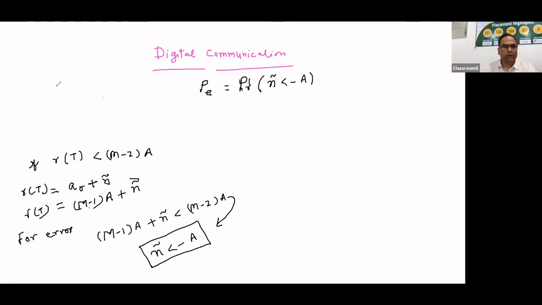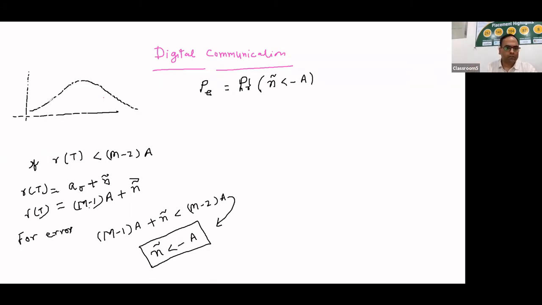But we know that Gaussian function is always a symmetric function. So you can have a situation like this. For example, this is the PDF of n tilde, because n tilde is a Gaussian function.